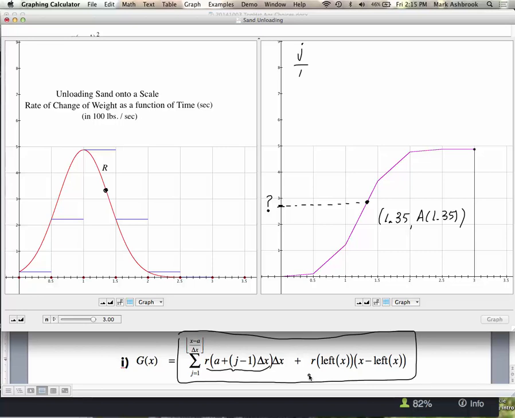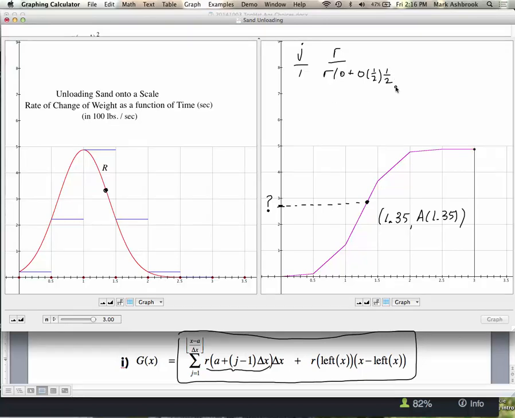Is it 0? According to our step rate function, is this 0? Well, let's do it. So R is going to be R of 0 plus, what's J minus 1? 0. So it's going to be 0 plus 0 delta x times delta x.